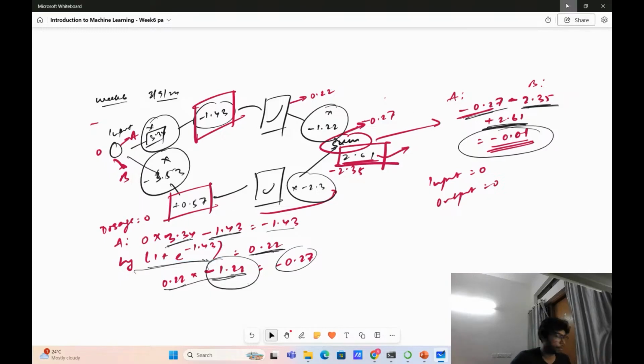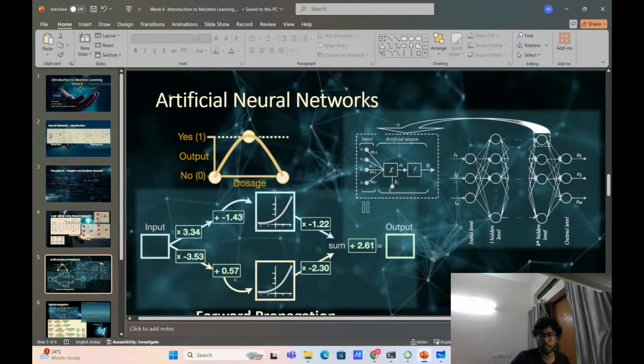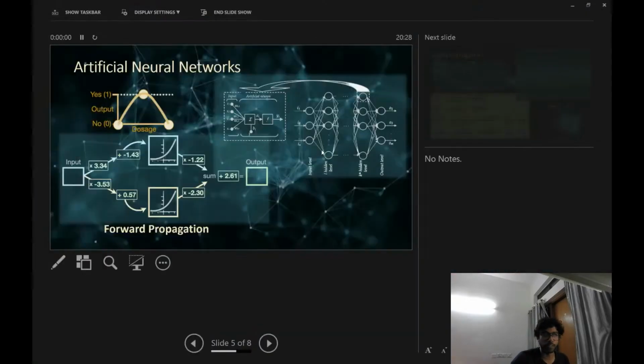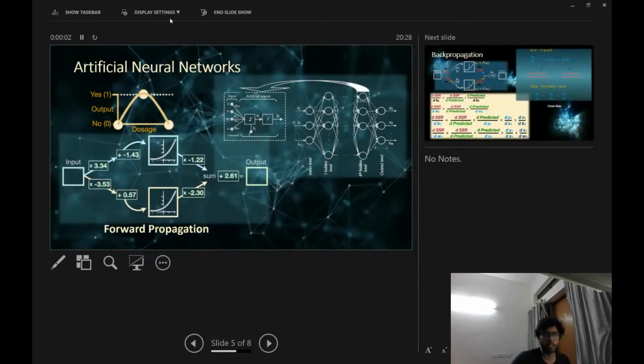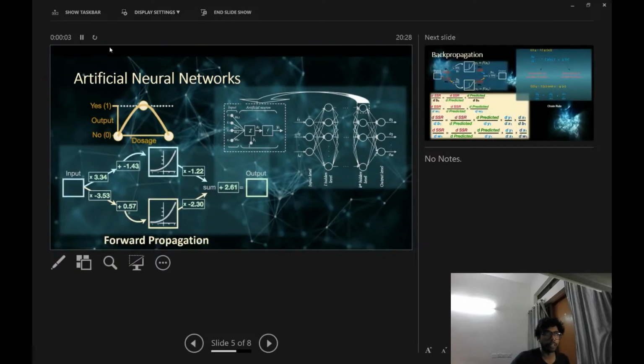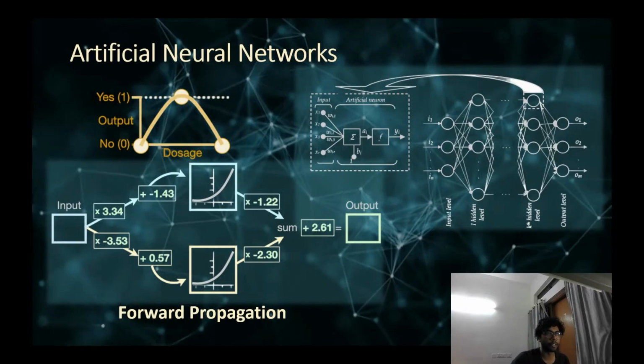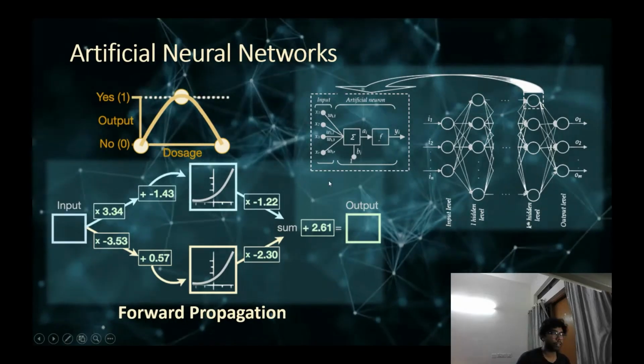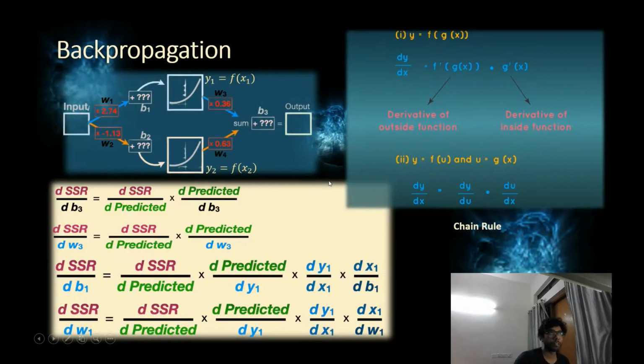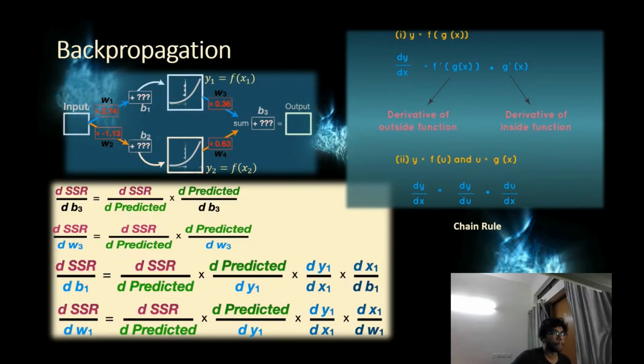You can similarly generalize it if you have multiple layers and multiple nodes and so on. You can make it a more complicated thing, but the calculation remains the same. Now the question is, how do you calculate the weights?